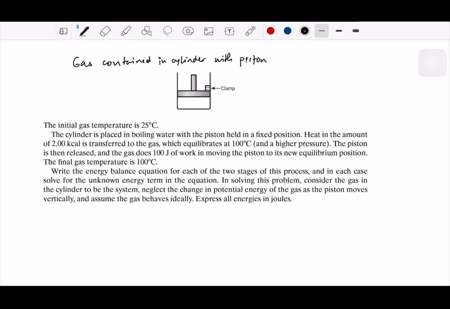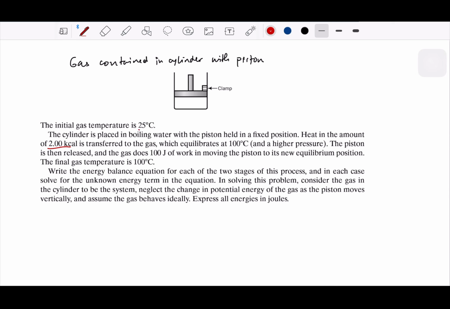So first, we have 2 kilocalories. The initial temperature is 25, the final temperature is 100 Celsius, and we have 100 joules of work.